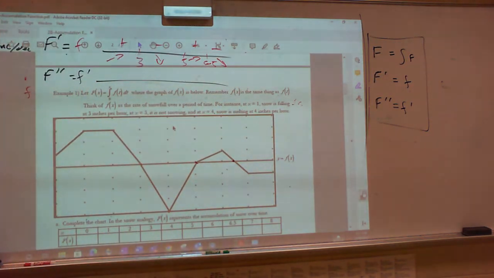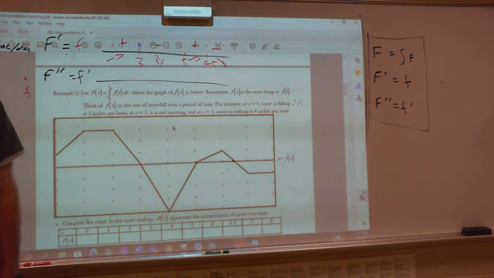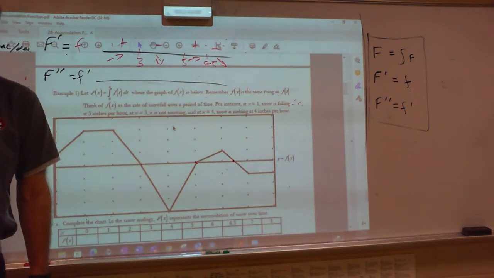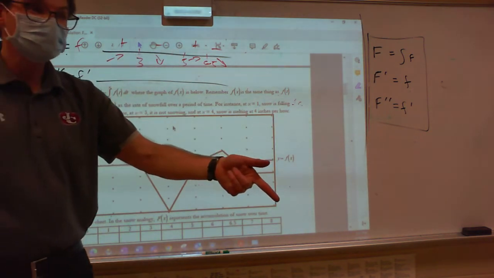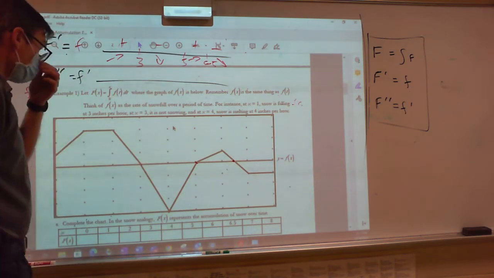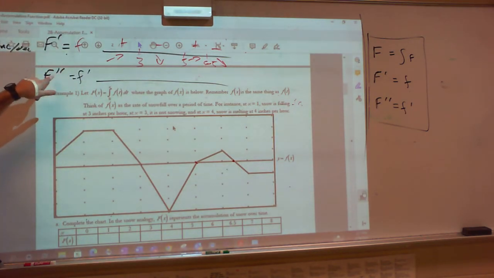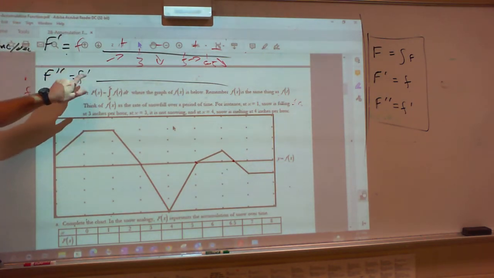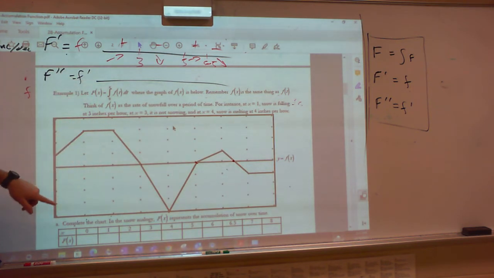Now, I can't take the derivative of a graph, but I can take the slope of a graph though, can't I? Because isn't that what derivative is? All right, so if I'm interested in big F double prime, that's the slope of little f prime, so where does my slope change direction?